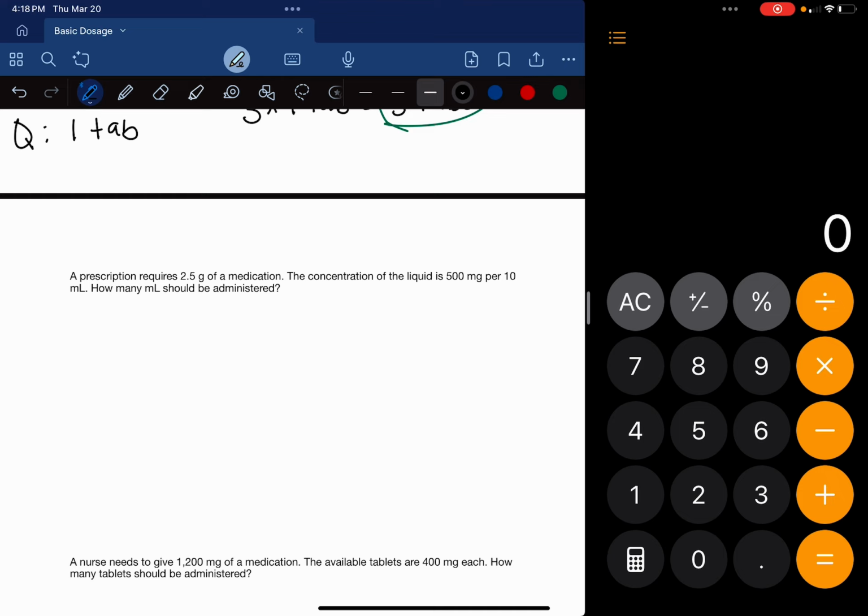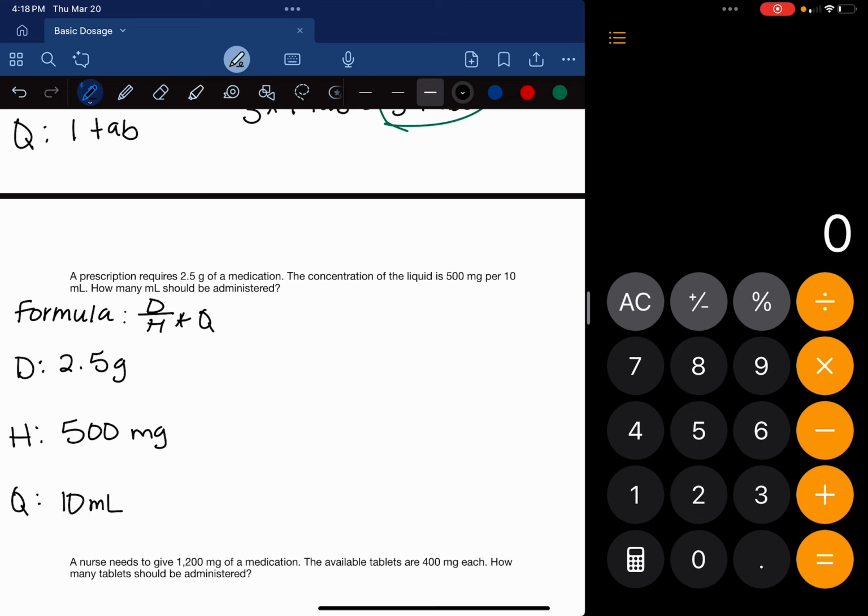Okay. So we already know the formula is going to be dose over have times quantity. And let's see, the dose, so that means the doctor ordered 2.5 grams. You have 500 milligrams in every 10 milliliters.